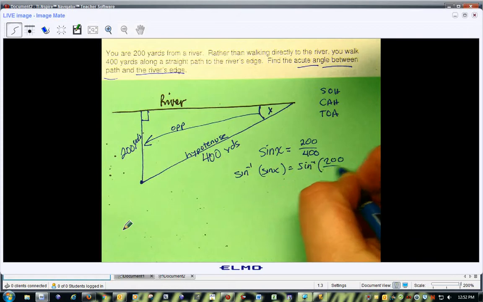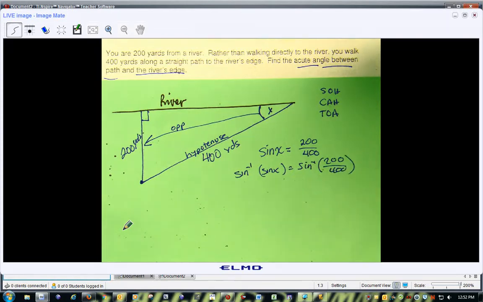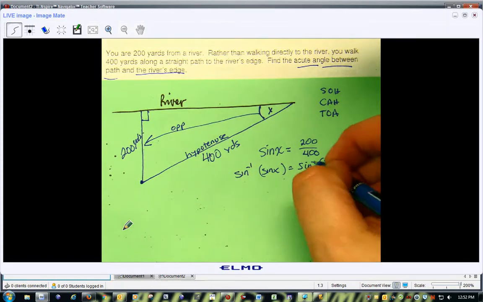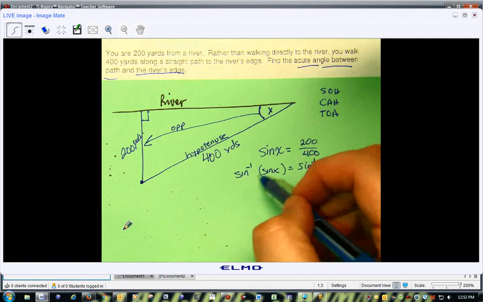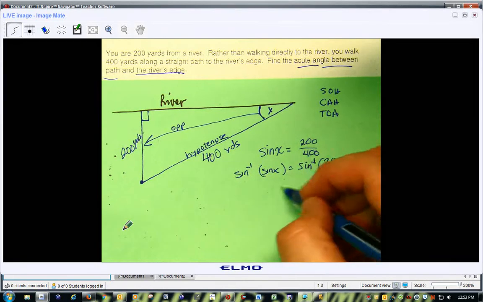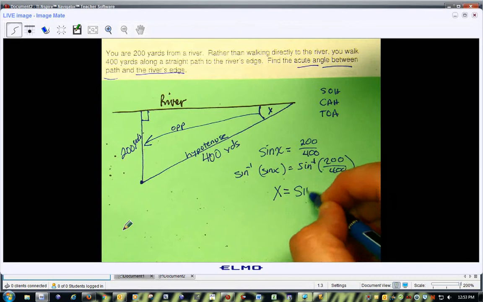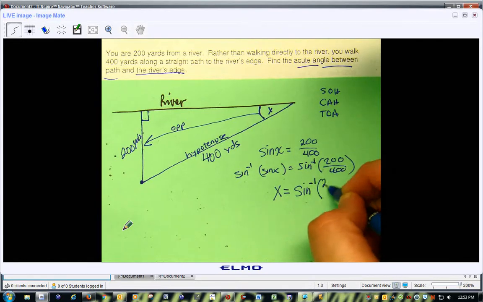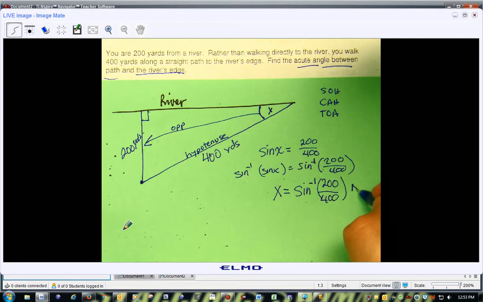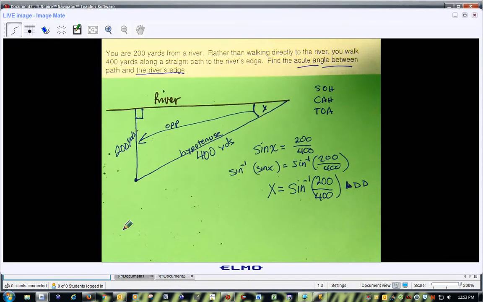The sine and the inverse sine, they undo each other. I'm left with x. x is the inverse sine of 200 over 400. And remember, I got to do this, because then the calculator will actually tell me what I need to do.